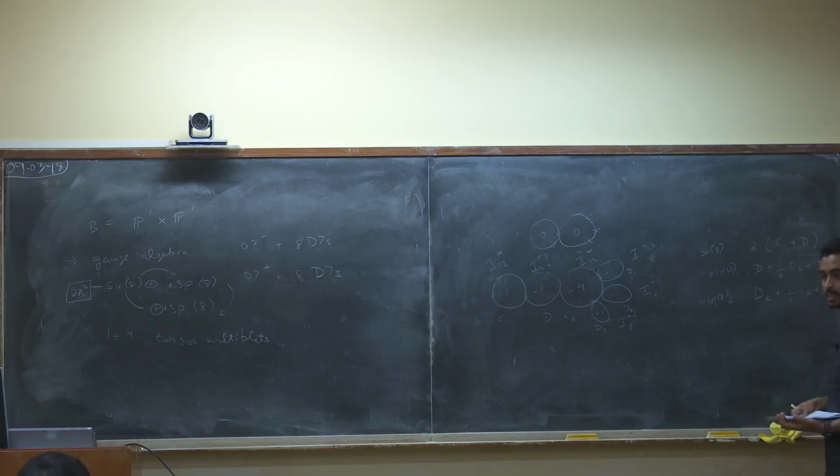The anomaly cancellation conditions are satisfied. You can have a half whenever you have a USP. USP naturally comes with a half, because you can have a half D3 there.